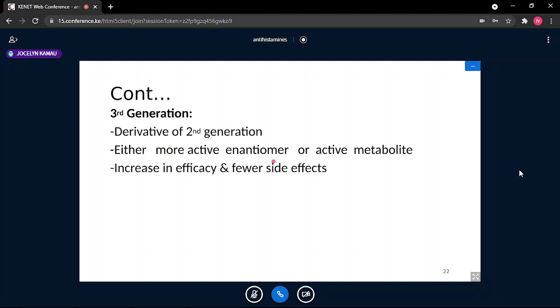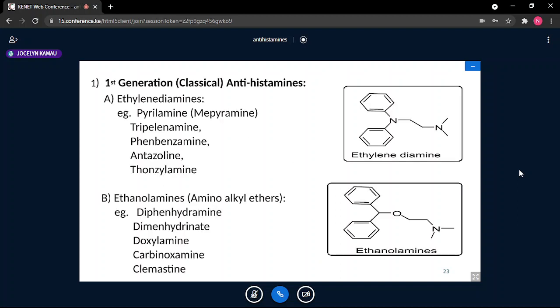Remember, you have the R and S enantiomer, so one of them might be more active, or for some of them, it is the active metabolite. And of course, these drugs have much higher efficacy and much lower side effects, because there would be no need of synthesizing a newer generation which does not have advantages over the lower generation. So the higher the generation, we expect the higher the efficacy, the higher the potency, and the lower the toxicity.